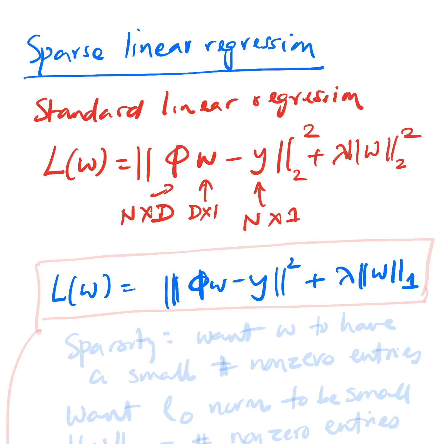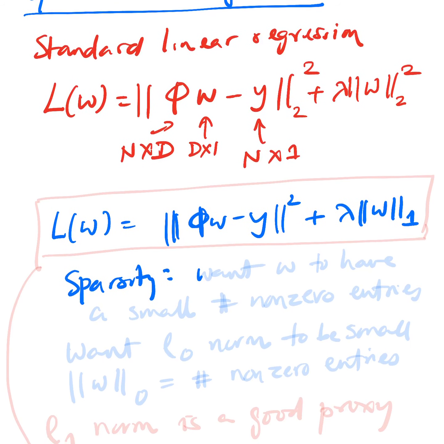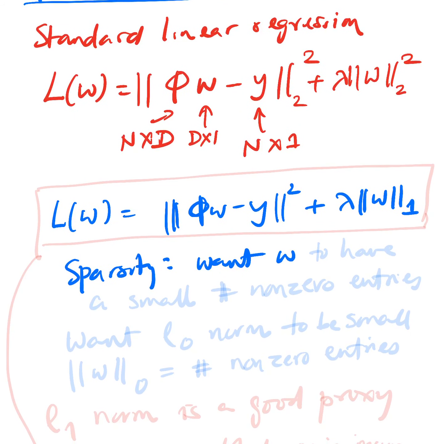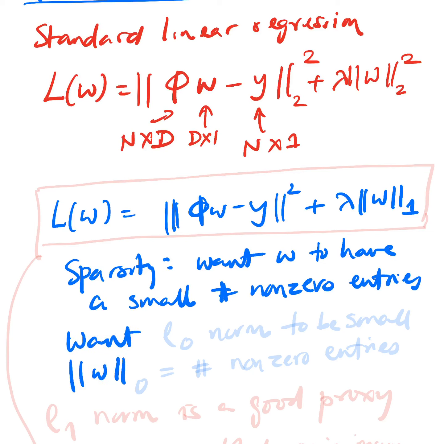So basically, what does sparsity mean? Sparsity means we want W to have a small number of non-zero entries. So actually that means we want the L0 norm of W to be small.